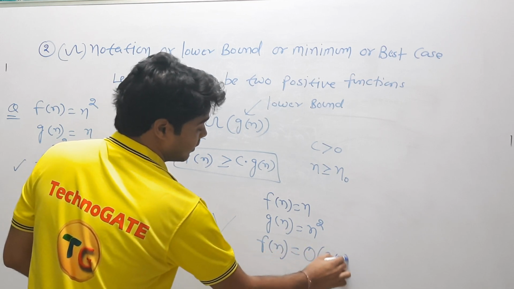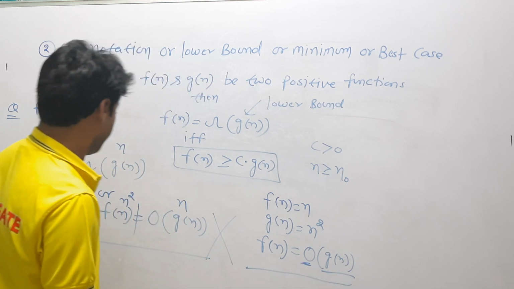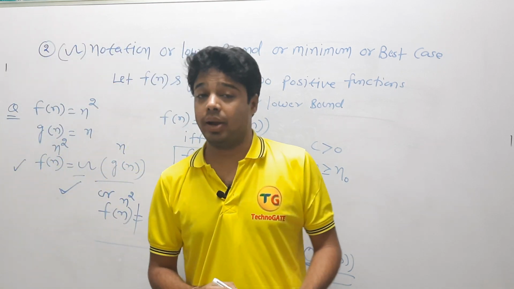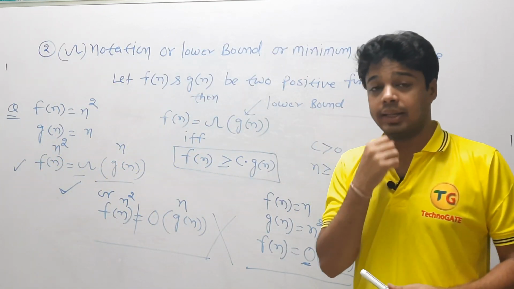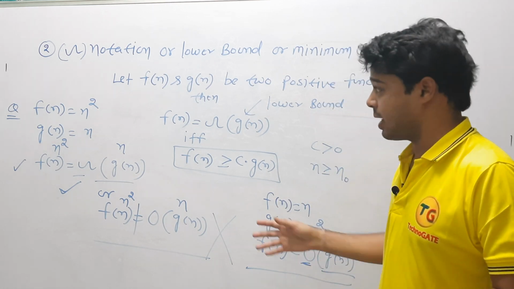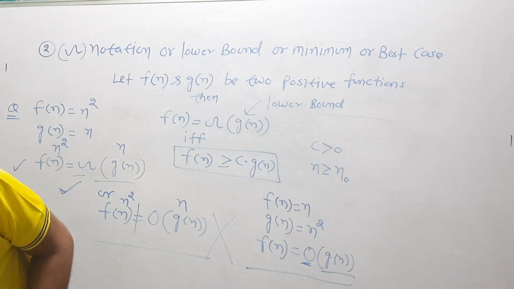So big O means upper bound, Gn must be an upper bound, and omega means Gn must be a lower bound. Lower bound means after some point Gn's growth rate must be smaller than Fn, and in big O, Gn's growth rate must be larger than Fn. Okay, so this is the big O notation.